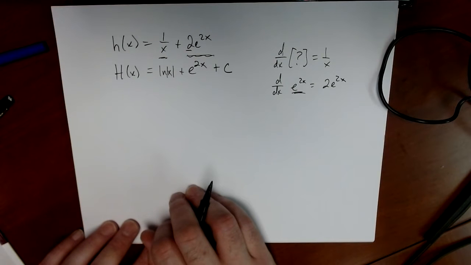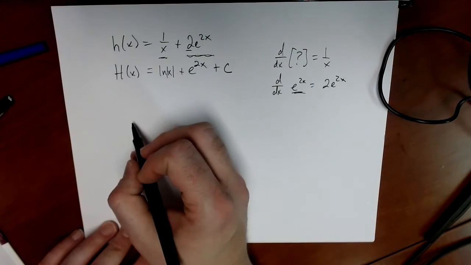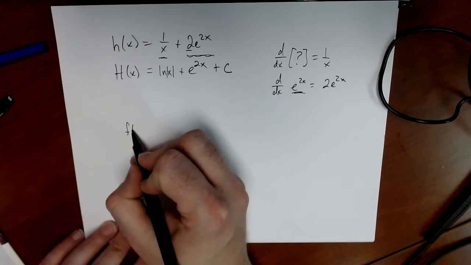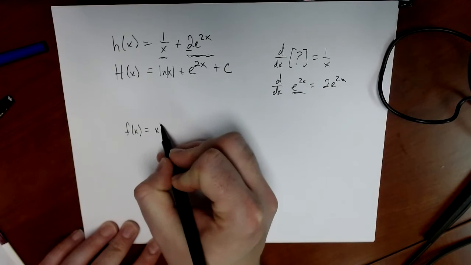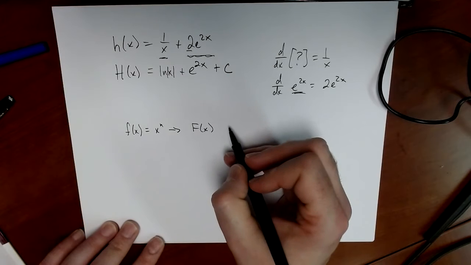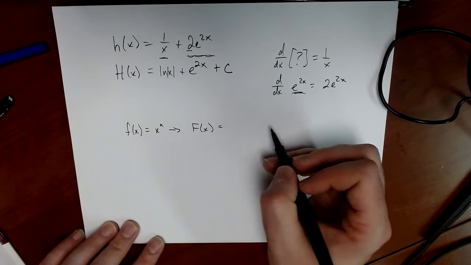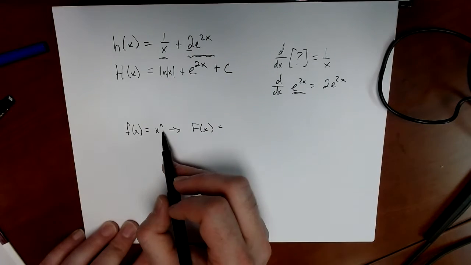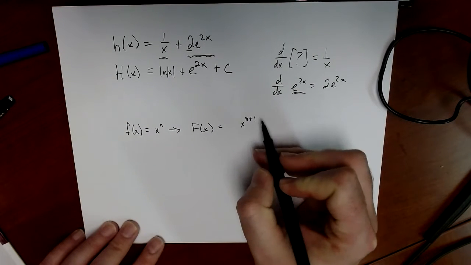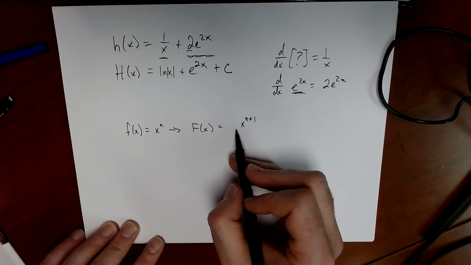So we've got a bunch of formulas because we have a bunch of derivative formulas. If I want to find the antiderivative of f of x equals x to the n, I need to think about what I would take the derivative of to get this. It'd need to be an x to the n plus 1, but if I take the derivative of that, I get an n plus 1.